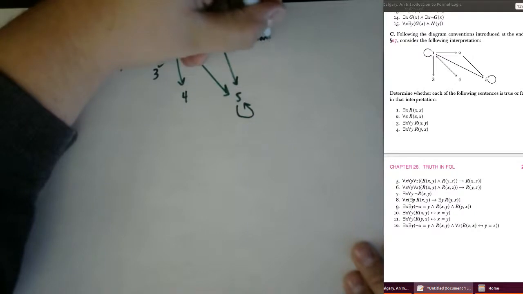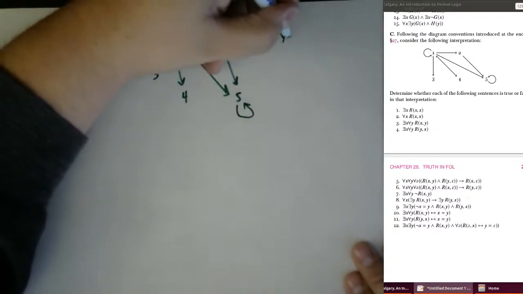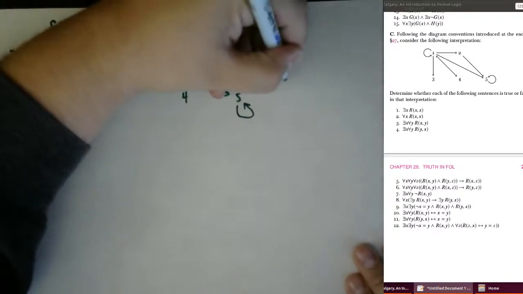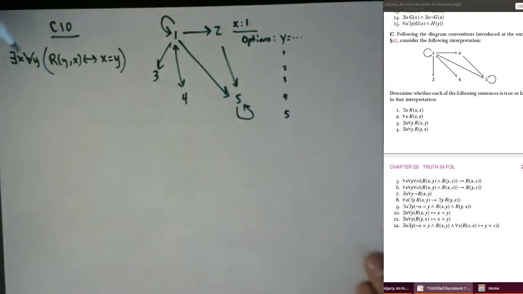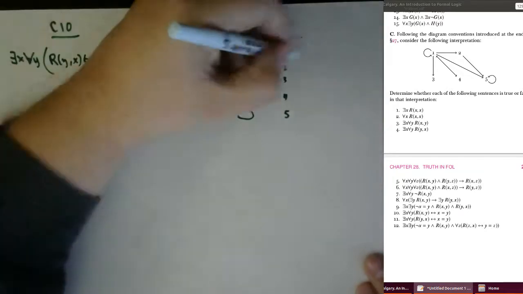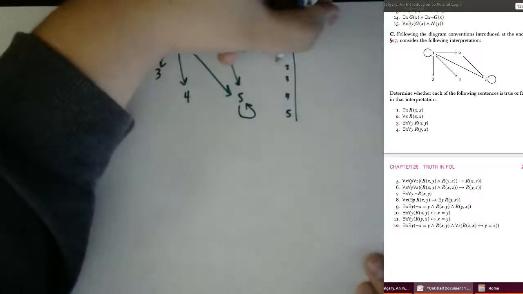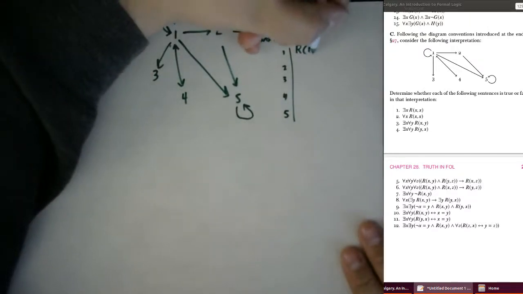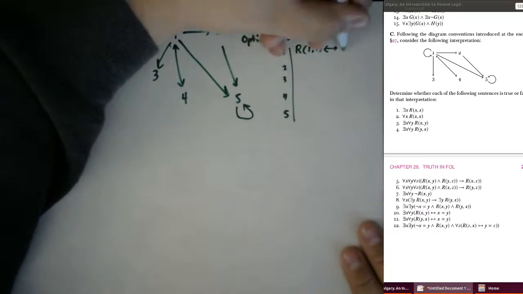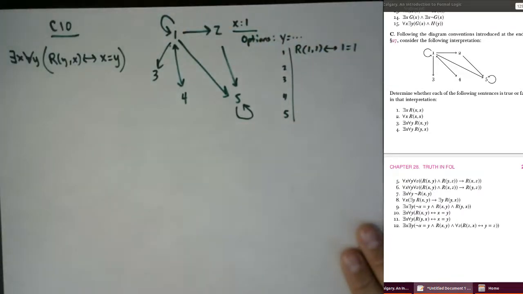I can have y equal to 1, 2, 3, 4, or 5. In these options, what happens? Well, if y were 1, this becomes the statement R 1, 1, if and only if 1 equals 1. I'm just going to write these down, and then we'll analyze them.